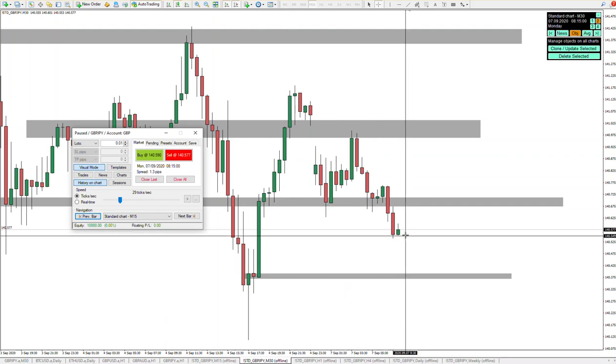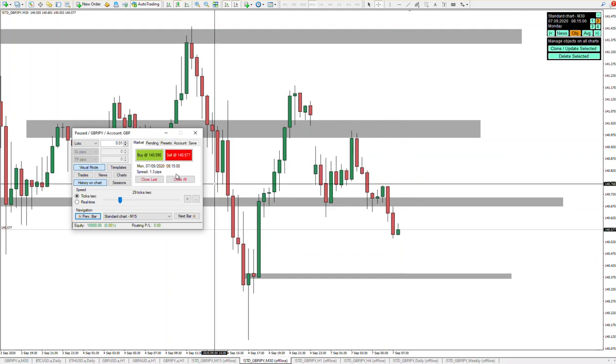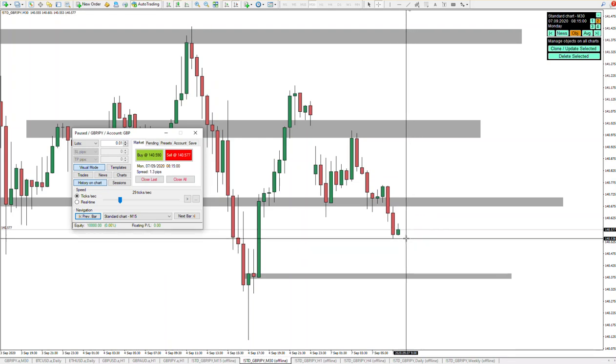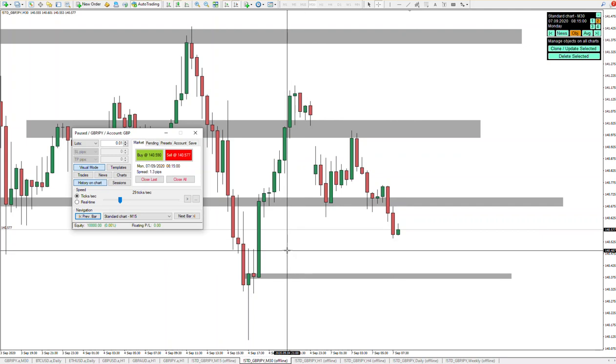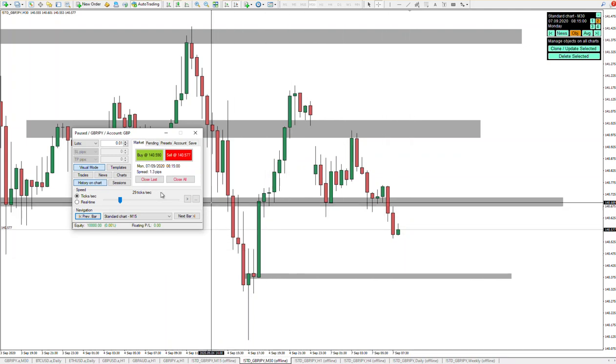So that's beautiful. It means that in the first 15 minutes of the 30-minute candle, the 8 o'clock candle, it went up, and from there it went down. That's really beautiful. Well, let me take the trade.